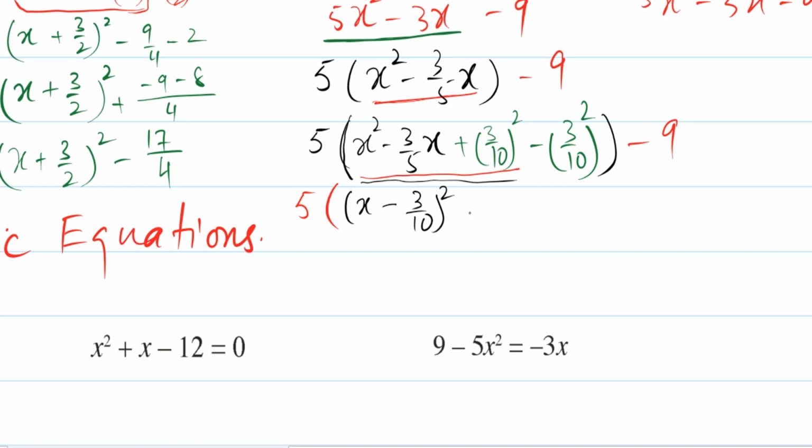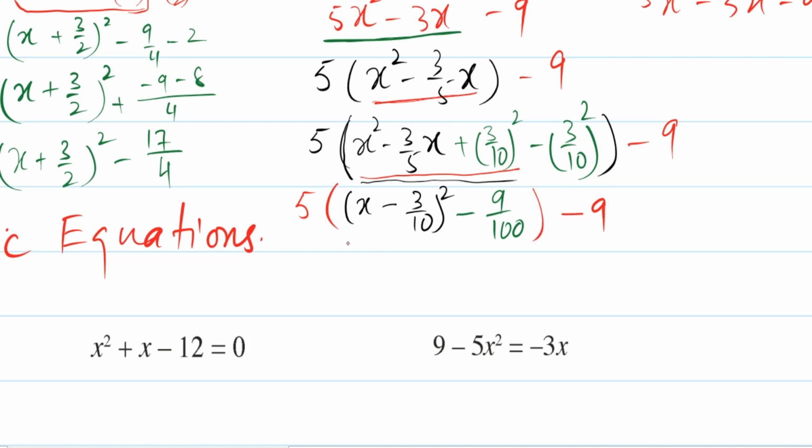So now we are left with minus 9 over 100. I have taken the square of 3 over 10. The square of 3 is 9 and the square of 10 is 100. Then the first bracket is closed, and the minus 9, which was here, will be written as it is.